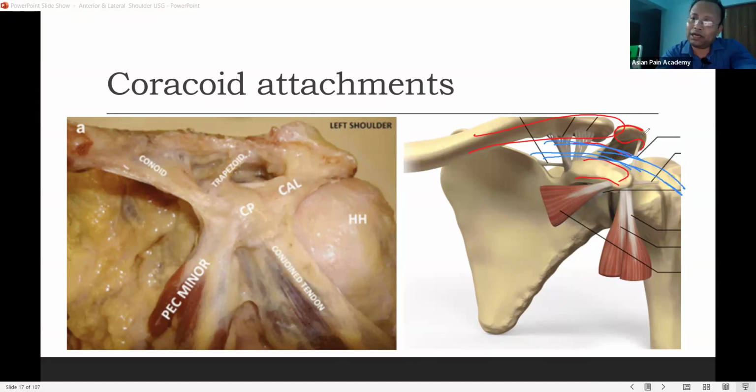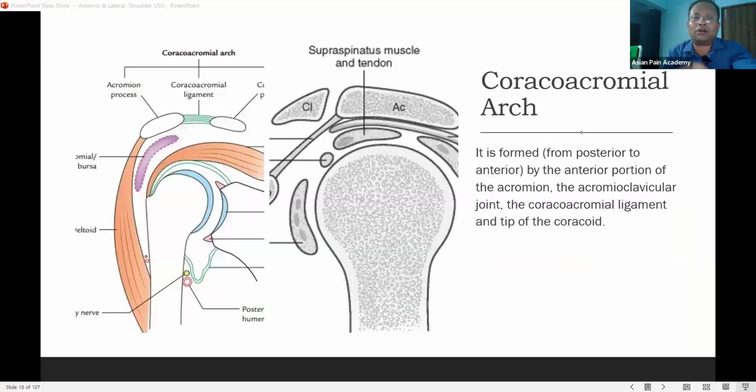So there is a small gap, and this gap is very important. When this muscle passes through this gap, the gap has to be adequate for the passage of the tendon or myotendinous junction. If that part is small, it will give rise to different types of diseases.